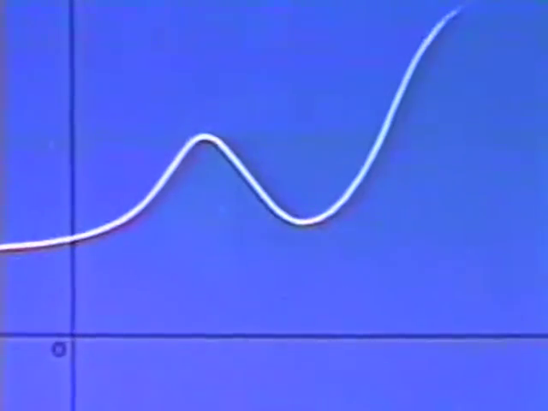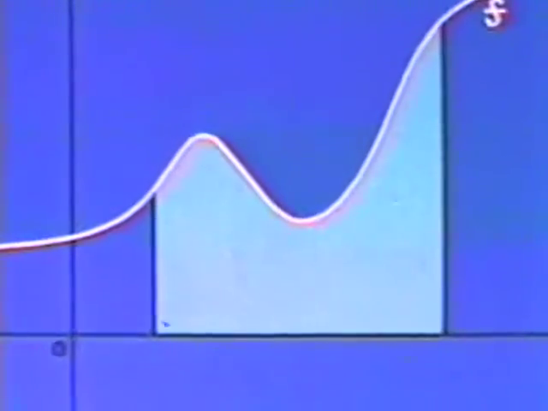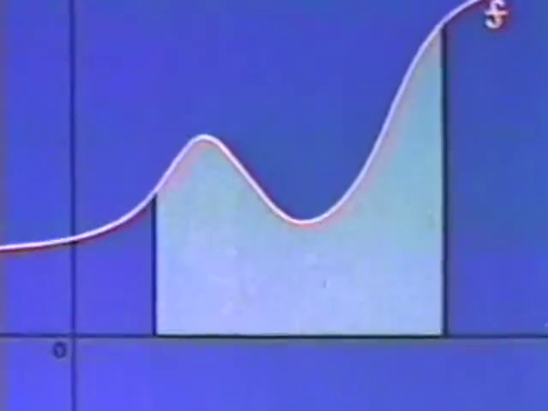Next, we shall show that the area also exists for the set of points under the graph of a continuous function. In this case, the existence depends on a property called uniform continuity.